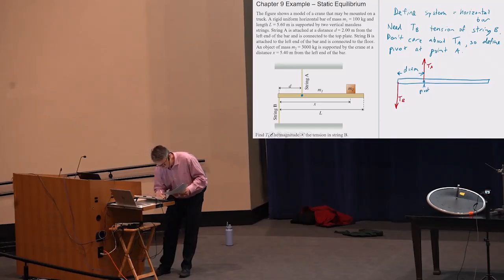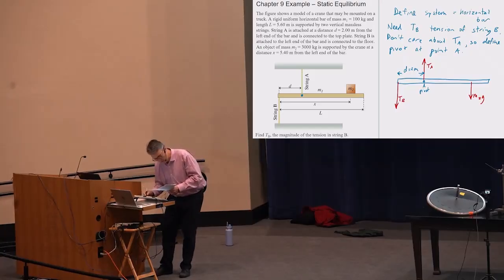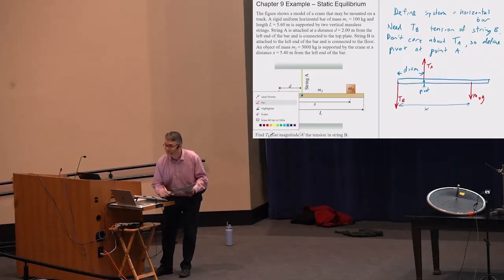And then we've got two more forces. We've got this M2G, which is that mass pushing down. It's actually, I think, a normal force, but it's equal in magnitude to M2 times G pushing down. And that is at a distance x. And there's one more force. Do you guys know what it is? I'm missing one force from this diagram. There should be 4.